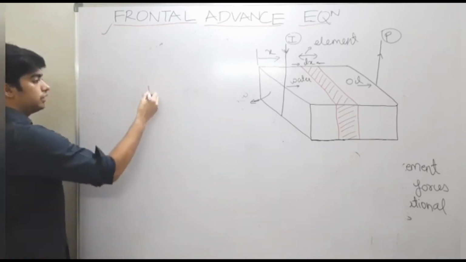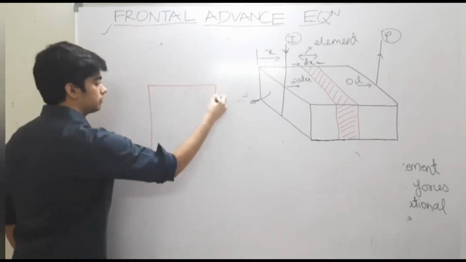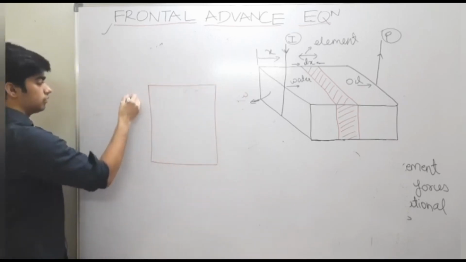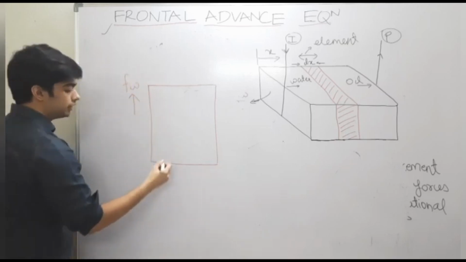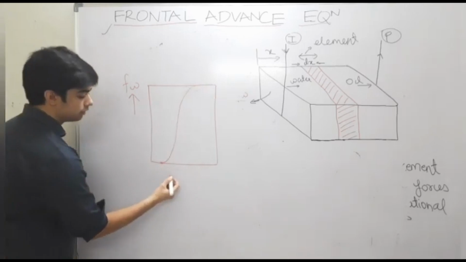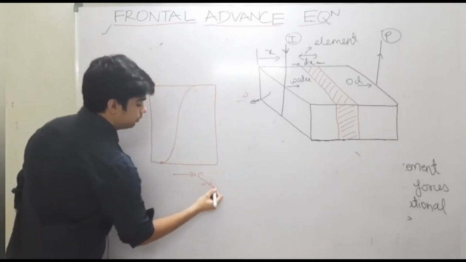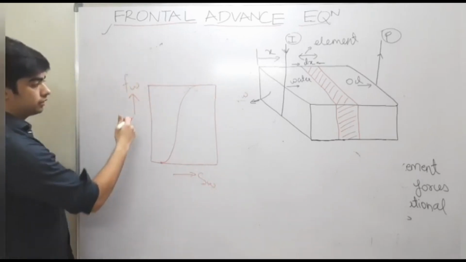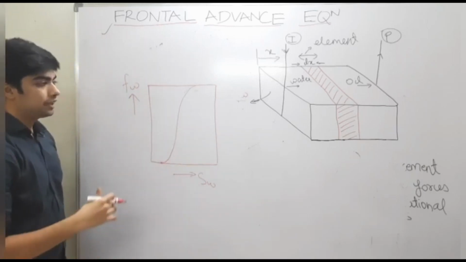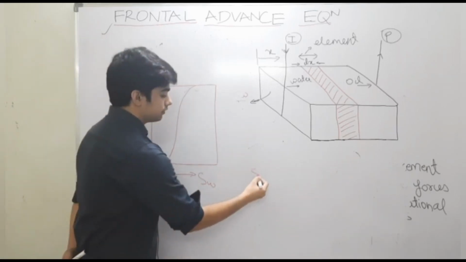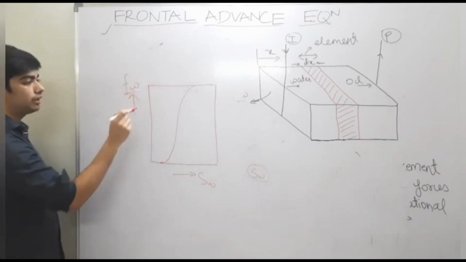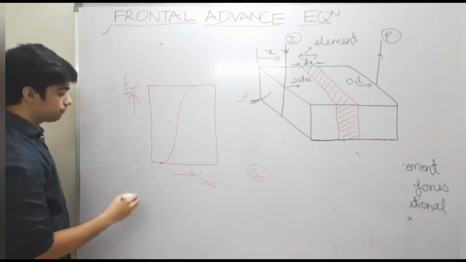We have seen earlier that with the help of laboratory experiments, we are able to define this curve where fractional flow values are plotted against each and every saturation. Now once you are able to obtain the saturation at each and every point in your reservoir, you will be able to calculate FW at that specific point.